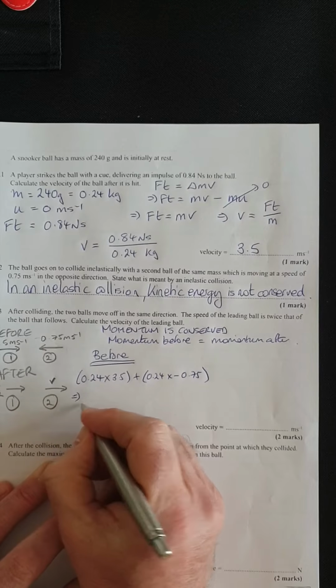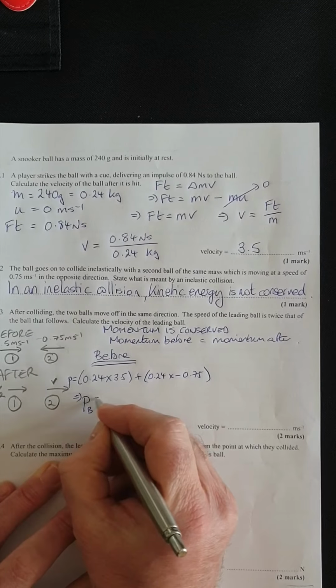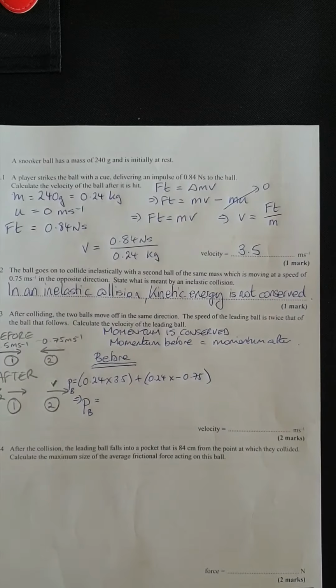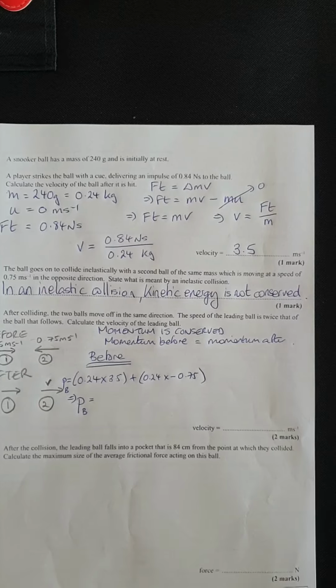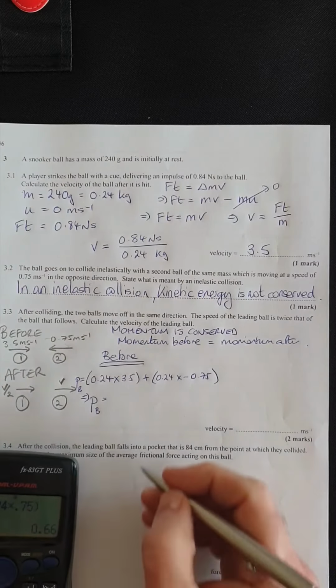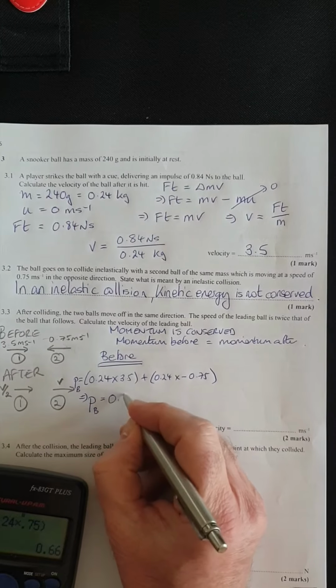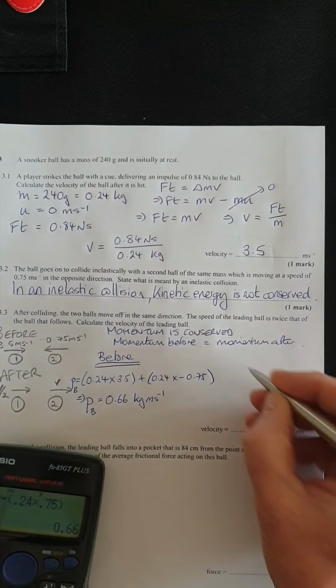So that gives me that the momentum before, which we can call p, I'll put in a little subscript b for before, is equal to 0.24 times (3.5 minus 0.75), so the total momentum before is 0.66 kilograms meters per second.